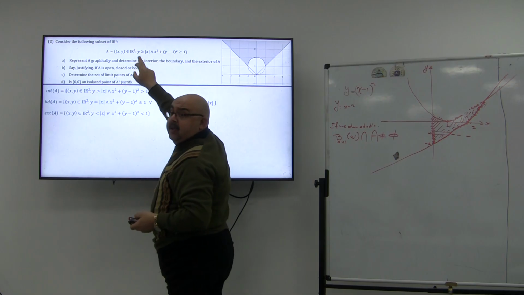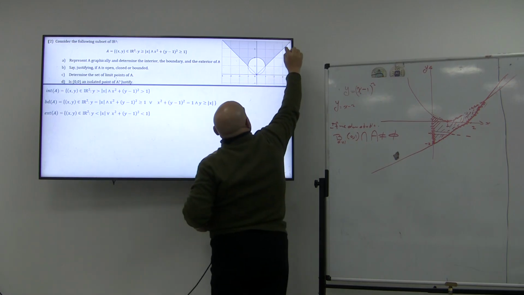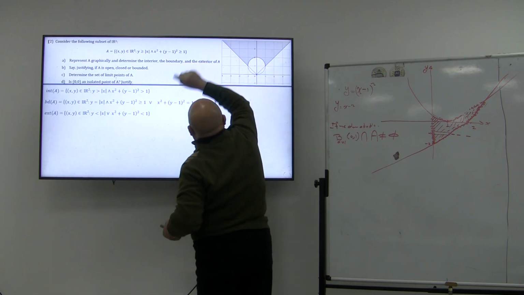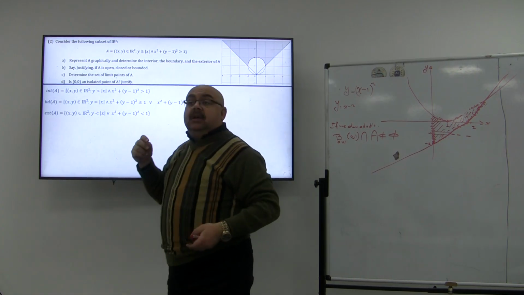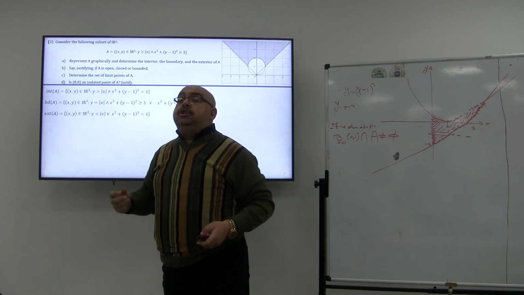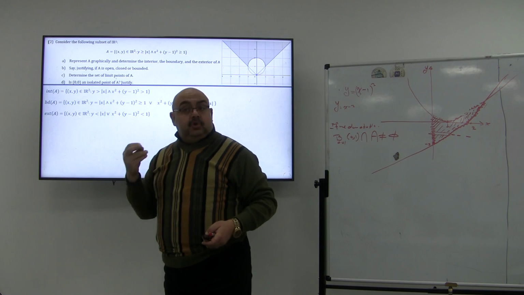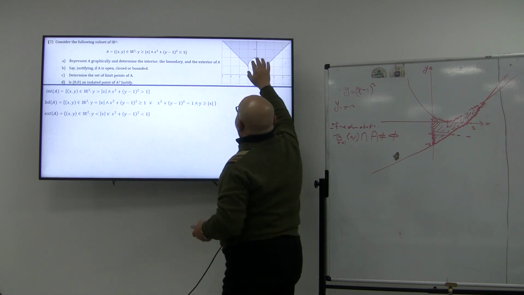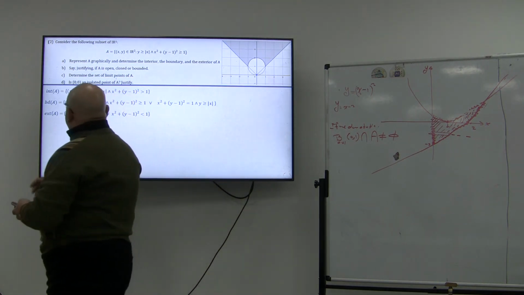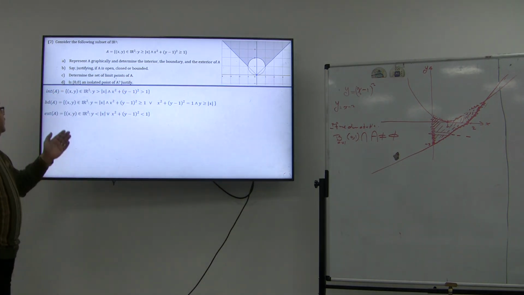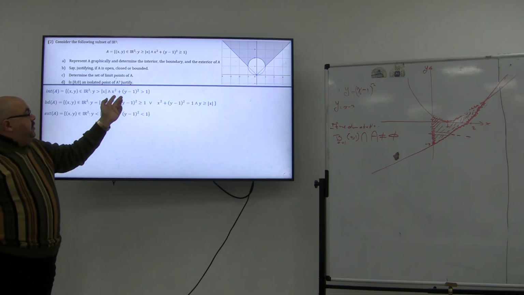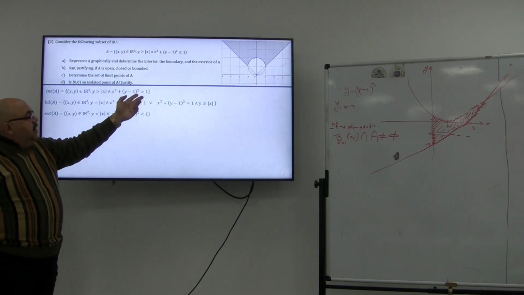Are you with me, Mr. Muhammad? Therefore you will notice that the boundary is coming here and also on the part of the circle. About this one, is this region closed, is it bounded? No, it's not bounded. Why isn't it bounded? It's bounded from the sides, but from above it's not bounded. Okay. Of course you will find in the answers that things get better each time. So here the interior of A is y greater than absolute x and x squared plus (y minus 1) squared greater than 1.